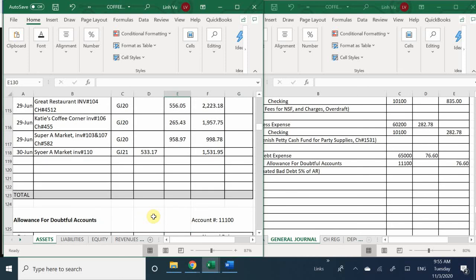However, when we complete our adjusted trial balance, I'm going to give you the option. Actually, no. I changed my mind. I want you to use the main accounts because it's going to help you complete the rest of the financial forms. Now, of course, you don't have to do it.